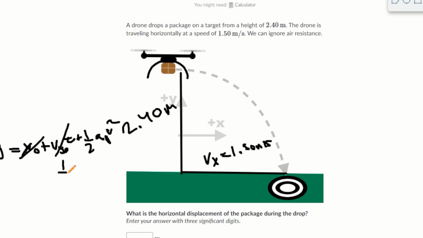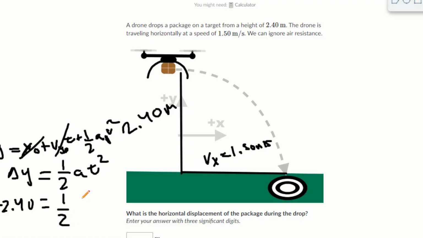So 1 over 2 at squared is equal to delta y, and it's negative since positive y is the positive direction, so going downwards is negative 2.40 is equal to 1 over 2 a, where our acceleration is negative 9.8. As we said earlier, the acceleration acts downwards on the package, so it's negative 9.8 meters per second squared times t squared.